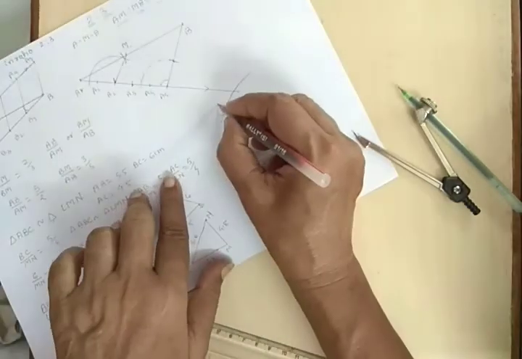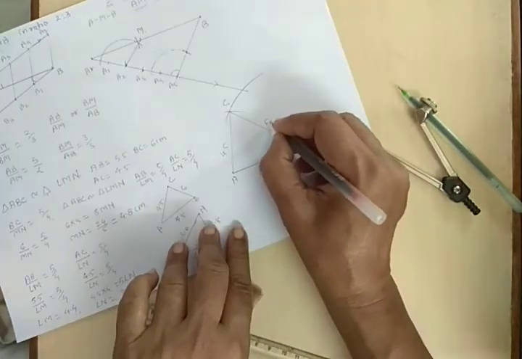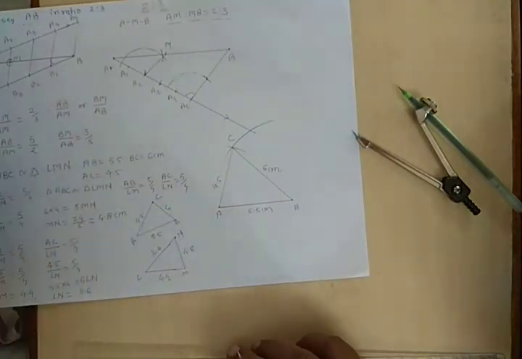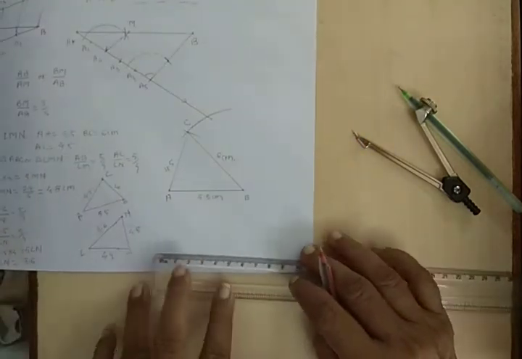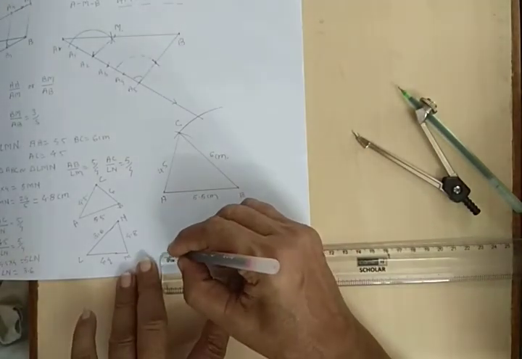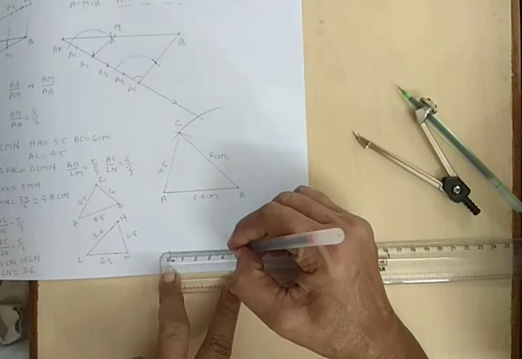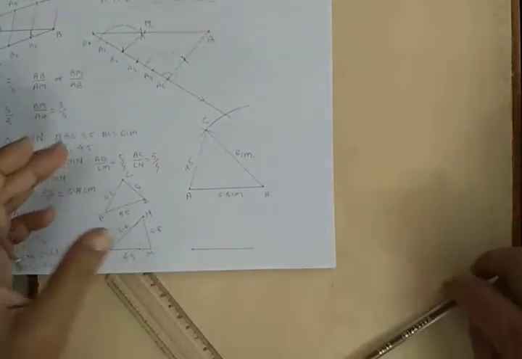Now I want to draw which triangle? LMN. For LMN, what is LM? 4.4. Put here your scale and 4.4. Now put your pointer and what is name first.